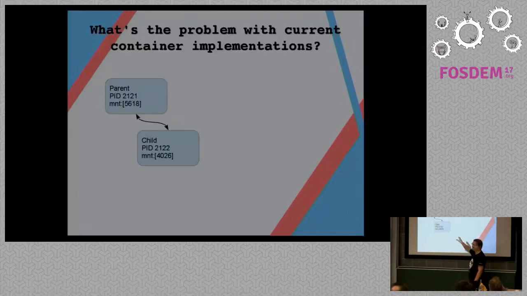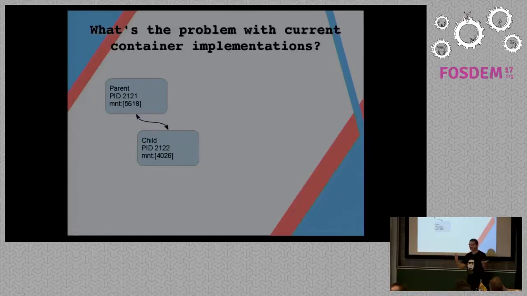And when you create a container like with Docker or LXC or LXD, the problem is even bigger, because these parent and child are not actually parent and child. You have to separate your application in two. You have to have a daemon on the host machine, a daemon on the client inside the container.